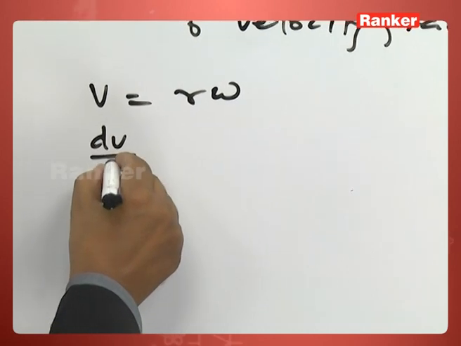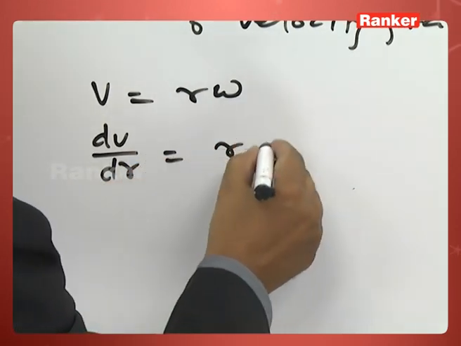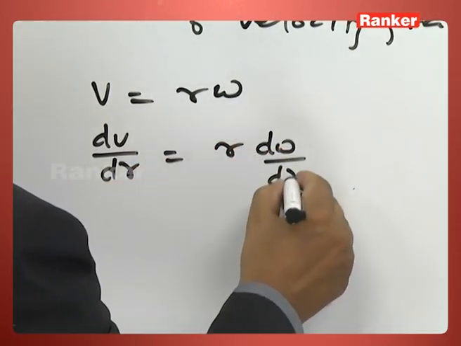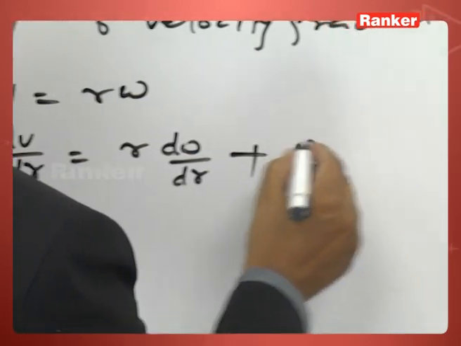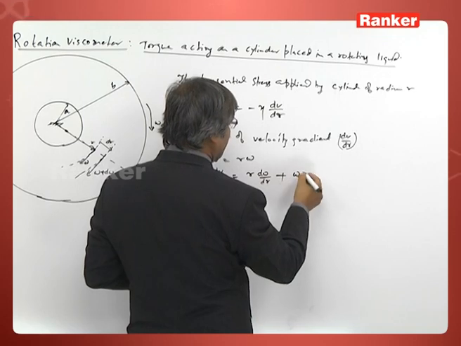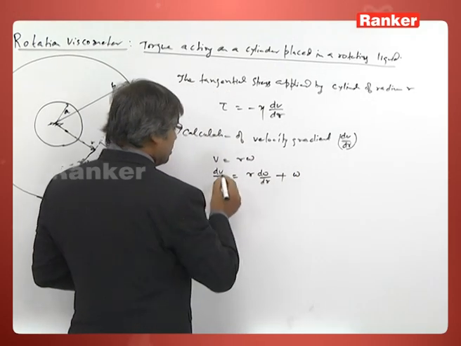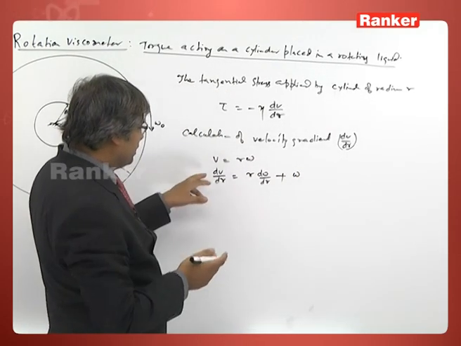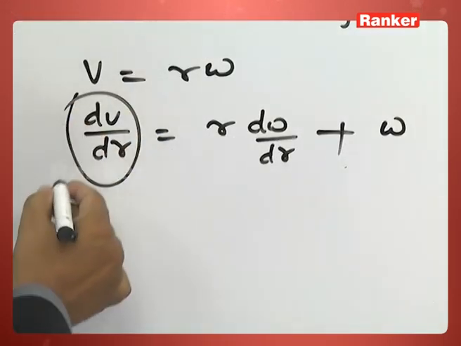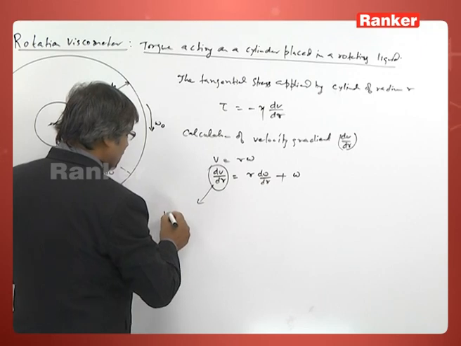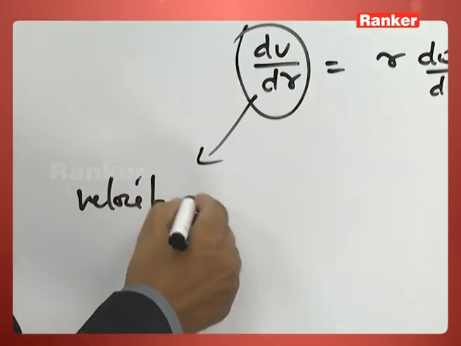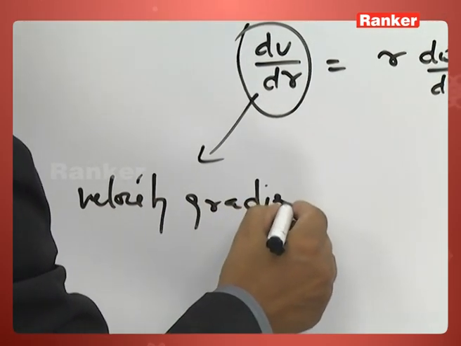So, we have dv by dr as r d omega by dr plus omega into differentiation of r, that is 1. So, now you see the total, what is this dv by dr? This is the velocity gradient.